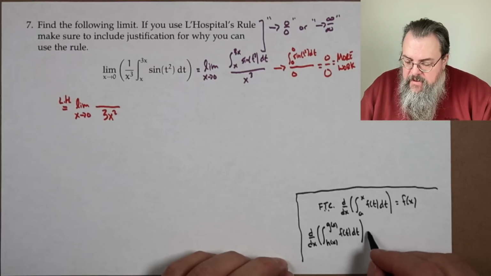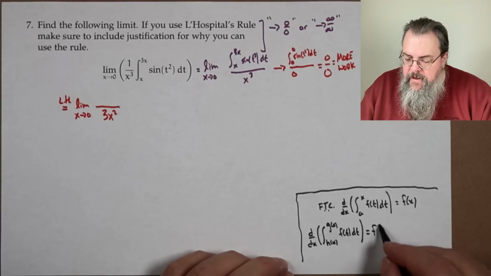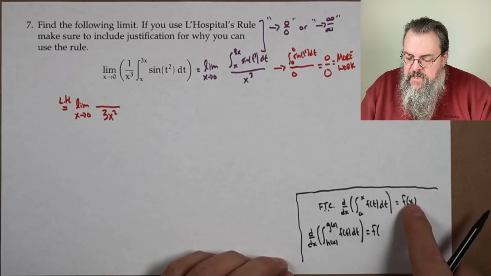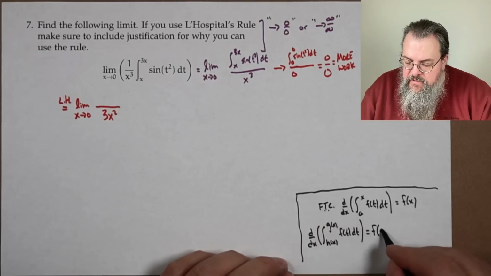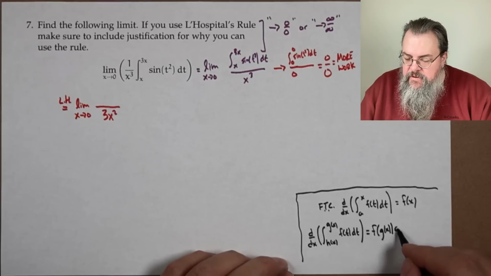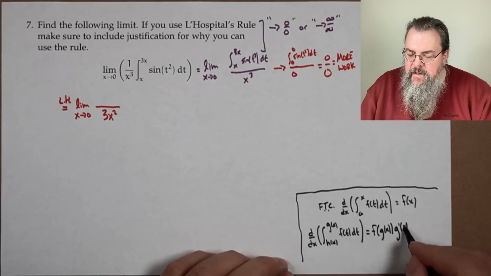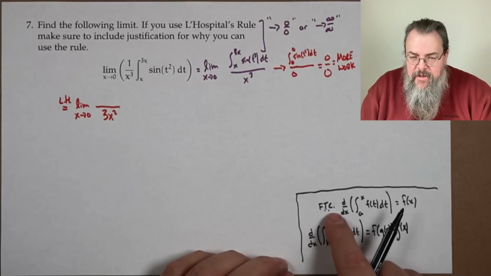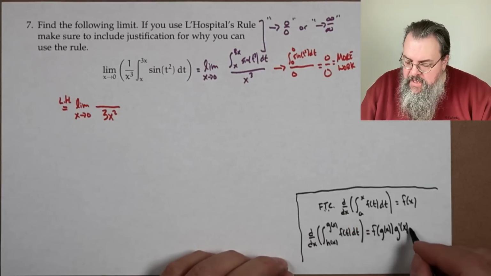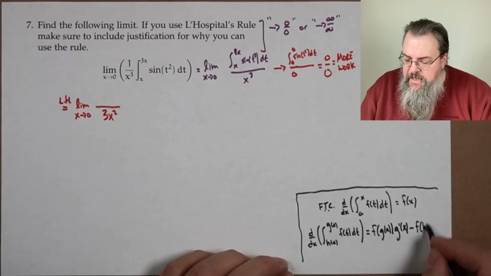Well, then this is f of, right, because the derivative of the outside is f. Now chain rule says plug the inside in, so g of x goes in, times the derivative of the inside. All right, so that's the top. When you think of integration, it's like plug in the top minus plug in the bottom. So minus f of h of x times h prime of x.